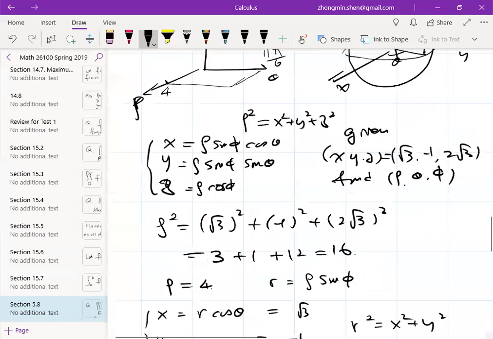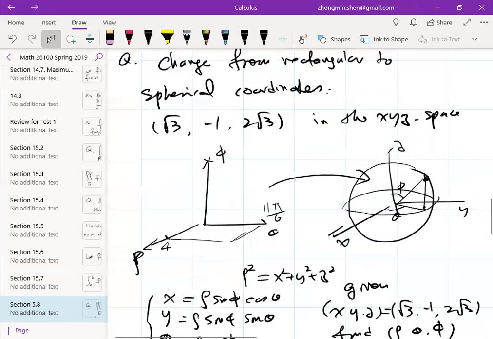Phi is going to be pi over 6. How can I draw pi over 6? It's harder to draw. I must draw a parallelogram. So it's like in space, and this is the point on the sphere with radius equal to 4.